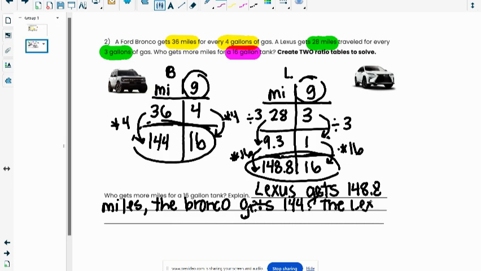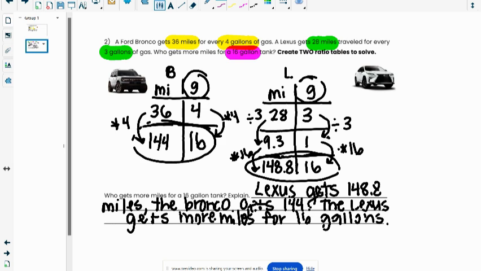The Lexus gets more miles for 16 gallons. Okay.